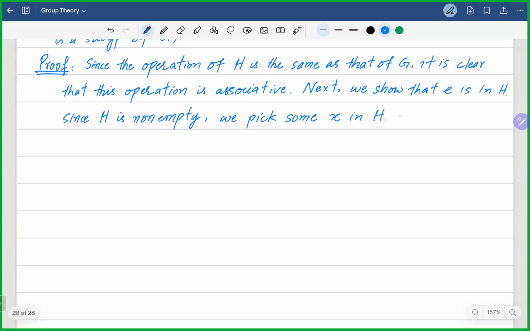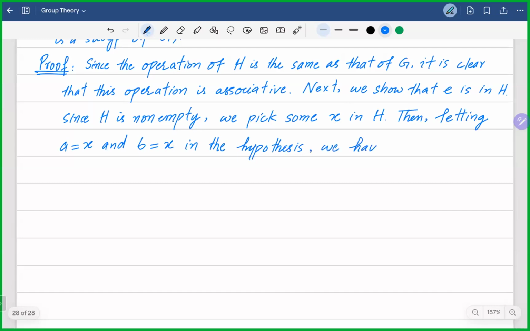And then letting A be X and B be X in the hypothesis, we have E equals X X inverse, which is nothing but AB inverse, is in H.